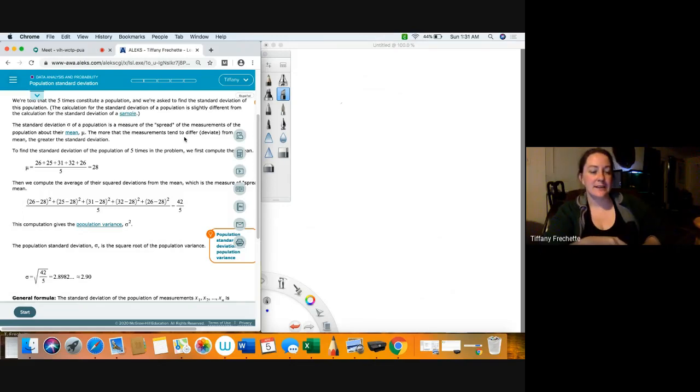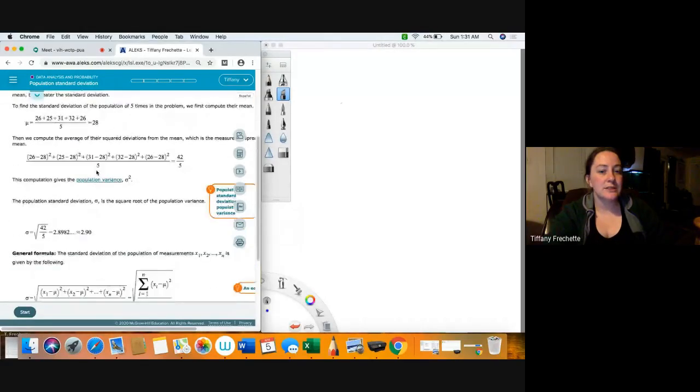In this case, we're also going to find the average, the mean. So the same calculation first, you add the numbers and divide by the number of numbers you have. Sounds a little funny, but so we have 5 numbers, we add them together and divide by 5, we get 28. Instead of using absolute value in this one, what we want to do is we're still going to subtract the number from the mean.